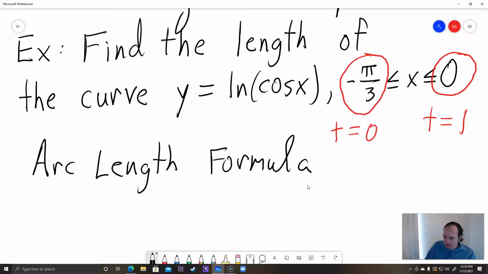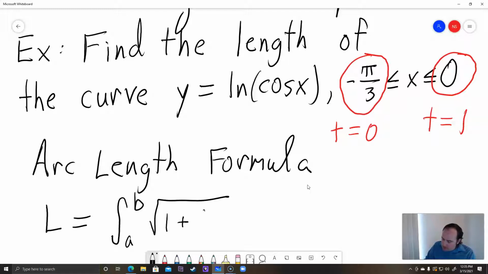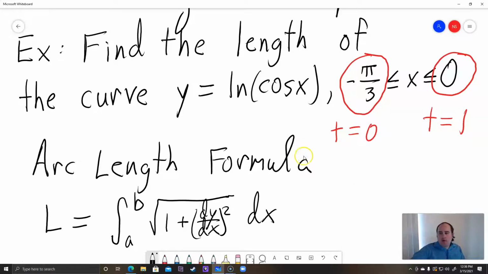Capital L is equal to the integral from a to b of the square root of 1 plus dy/dx quantity squared, dx. So the arc length formula is what we're going to be using here.